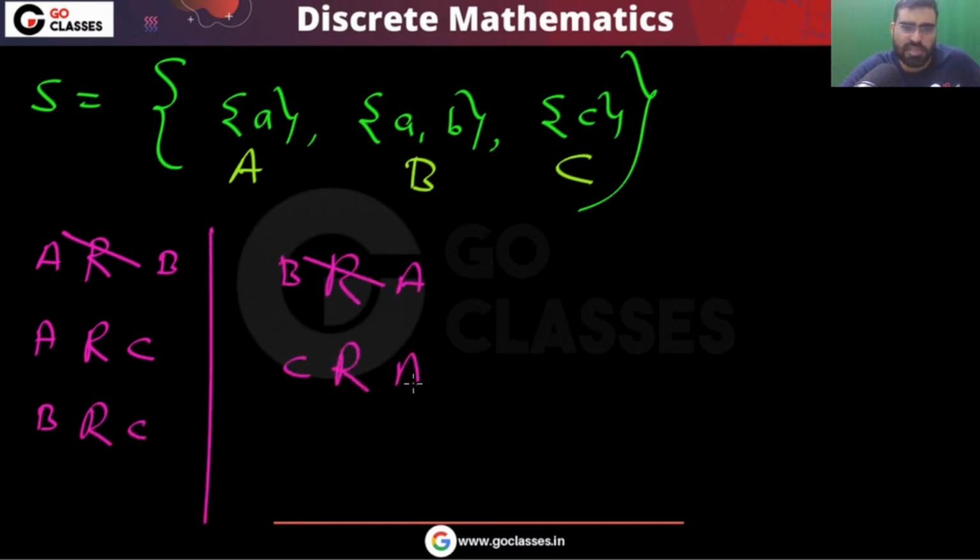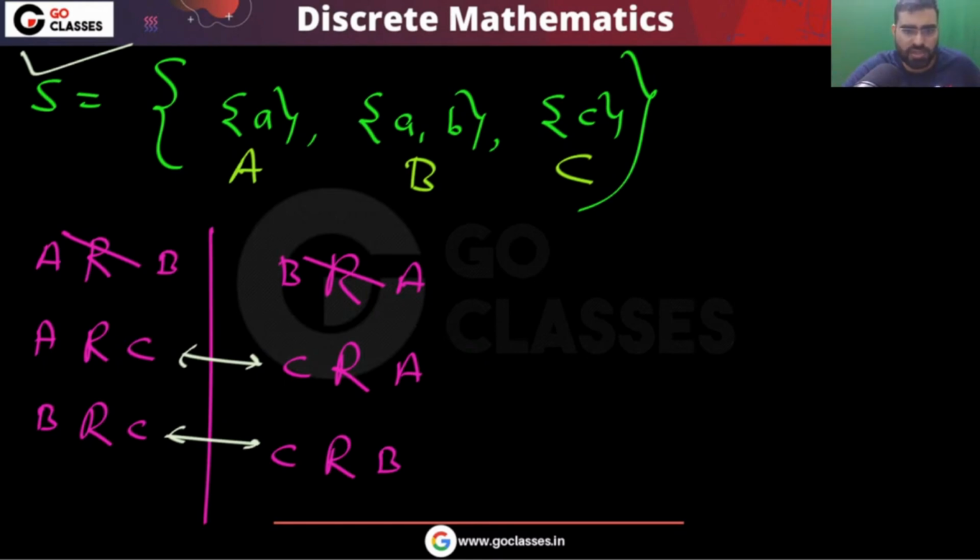C is related to A. C is related to B. Please tell me, is the question clear now? If your set S is this, then you can notice that the symmetric property is always satisfied. So definitely you are defining this relation and that always will be symmetric.